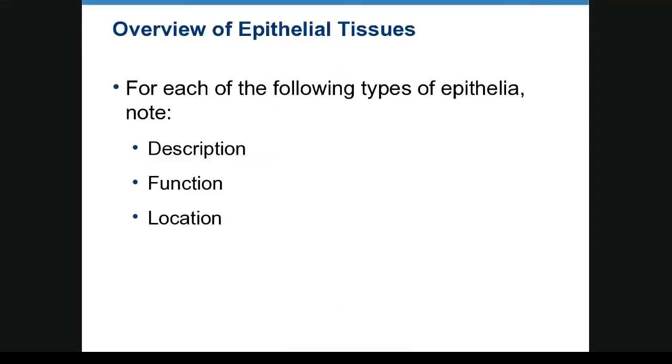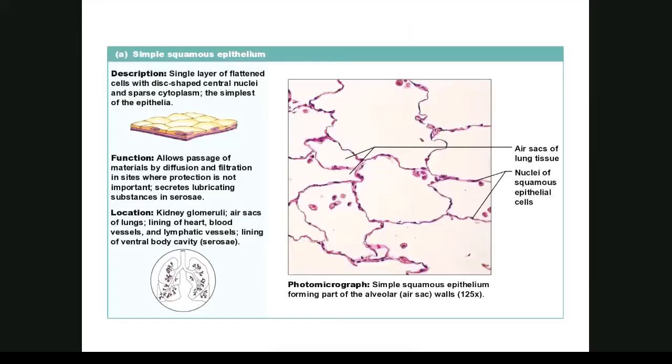We're also going to talk about epithelium, just an overview on specific types based on description, function, and location. This is a single layer of simple squamous epithelium. This is actually lung tissue right here, and this would be the air sacs or alveoli.